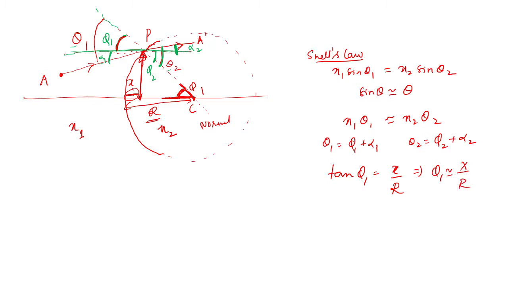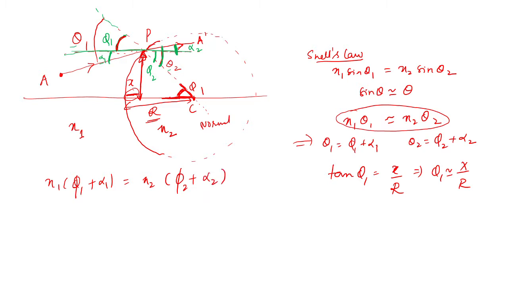So we know that n1 theta 1 is equal to n2 theta 2, and we know this about theta 1 and theta 2. So then I can write n1 times phi 1 plus alpha 1 is equal to n2 times phi 2 plus alpha 2.